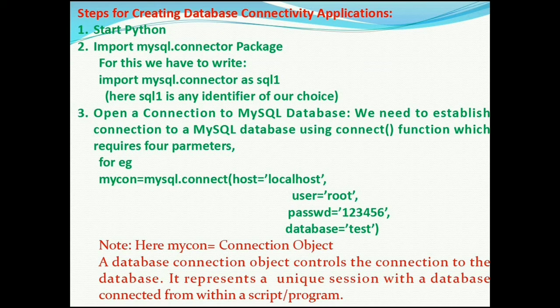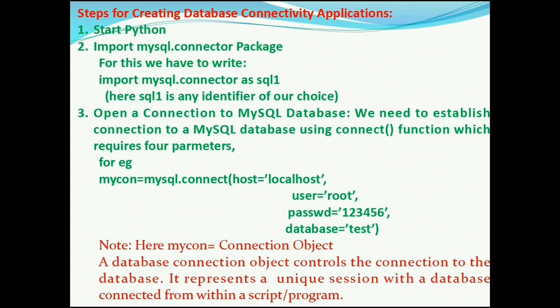Now we have to open a connection to the MySQL database. For this we have to write connection object is equal to mysql.connector.connect, and the connect method requires 4 parameters: host, user, password and database.